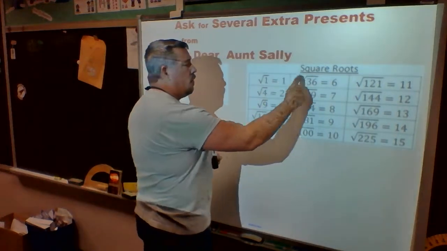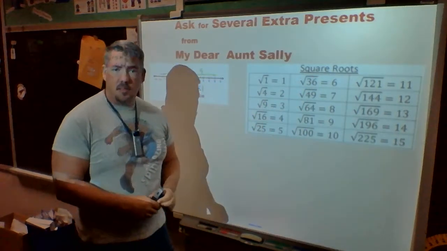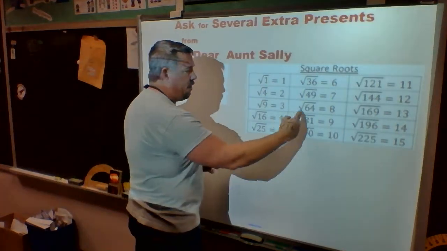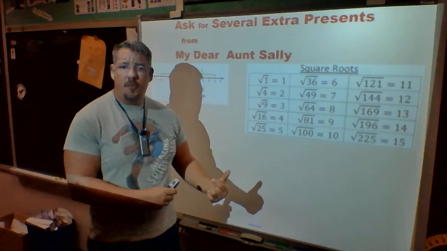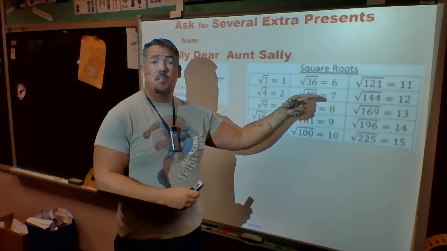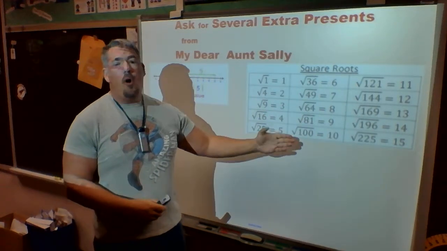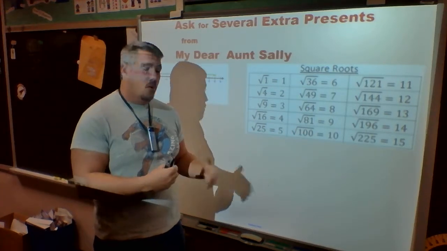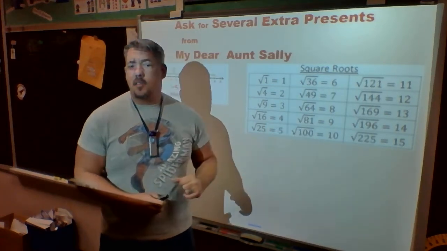So the square root of 36 is 6, because it's 6 times 6. 64, well, the square root of 64 would be 8 times 8, so it's just 8. Or 100. I know that 10 times 10 is 100. So the square root of 100 is 10.